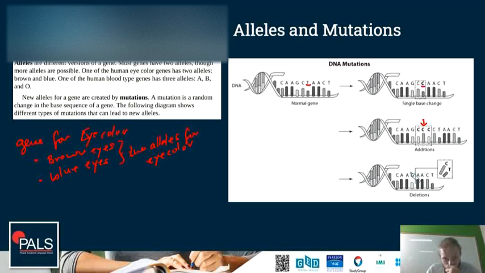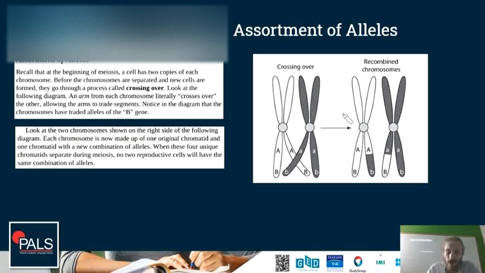All of these will lead to changes in the gene, and when the gene is changed, this will lead to changes in the protein, which will in the end lead to changes in the trait that is controlled by that specific gene. That mutation can create a new allele. So one more time, alleles are different versions of the same gene.